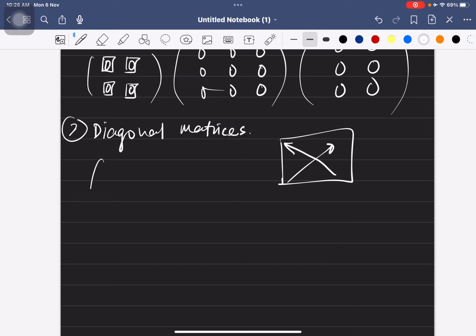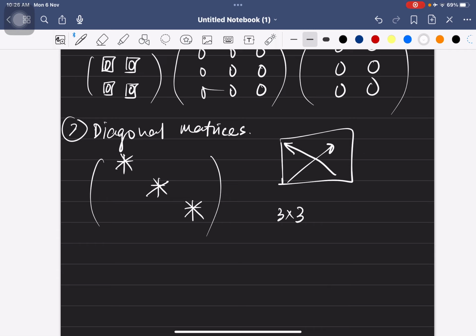So in terms of matrix, for a diagonal matrix the main thing we are concerned about is the line from the top left to the bottom right. This is what we call the leading diagonal. We're talking about a 3x3 matrix.